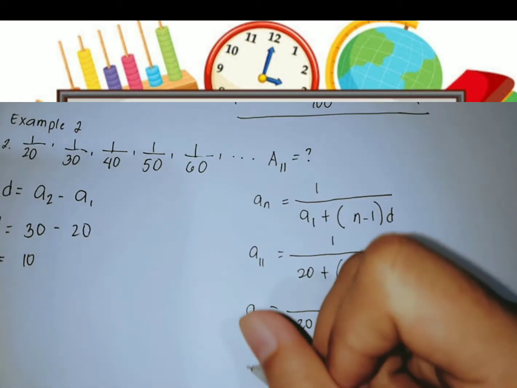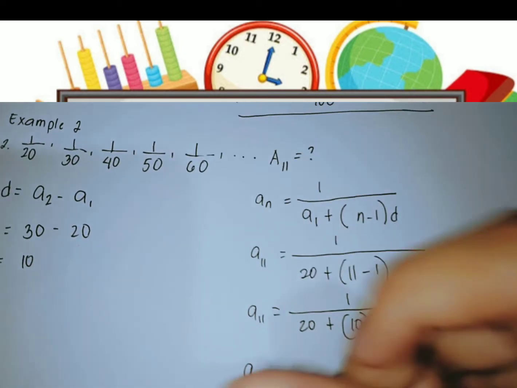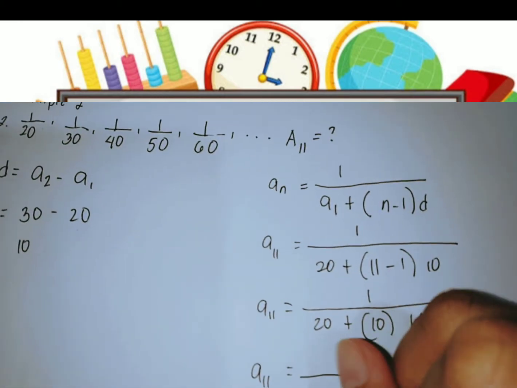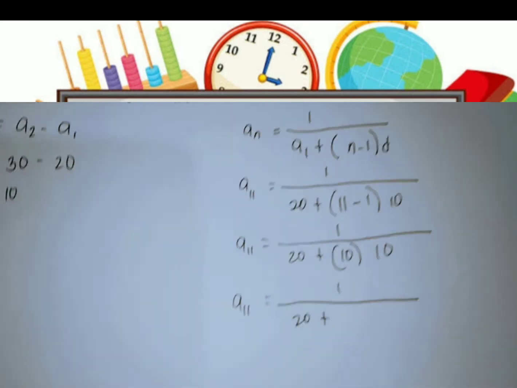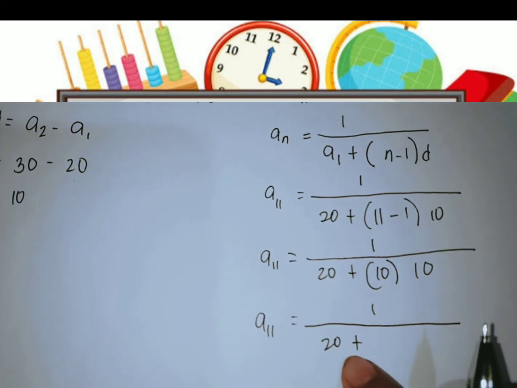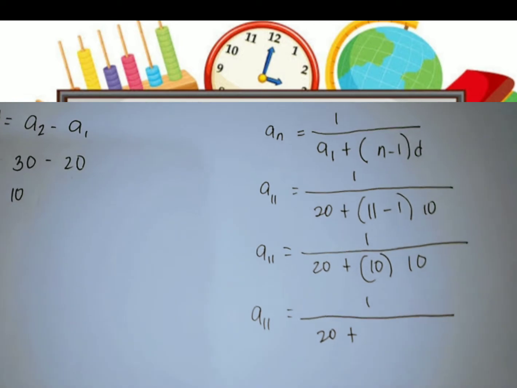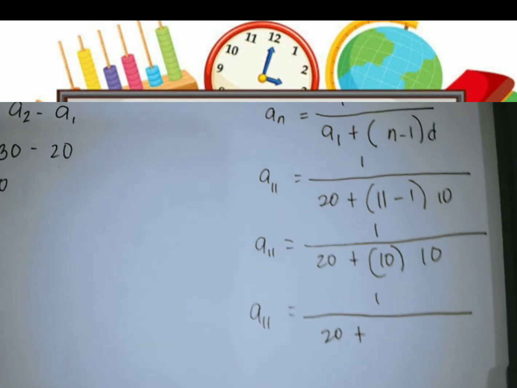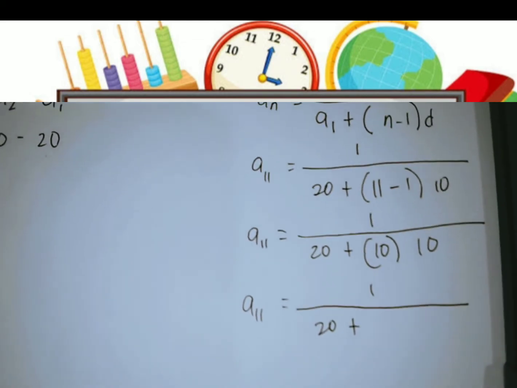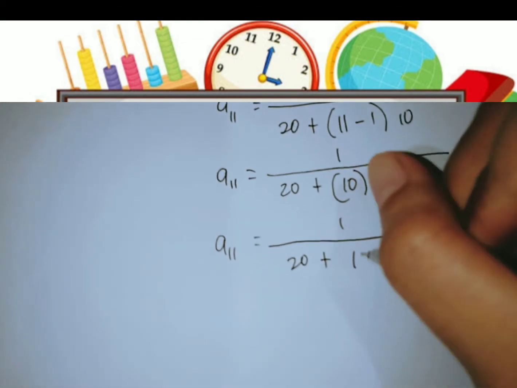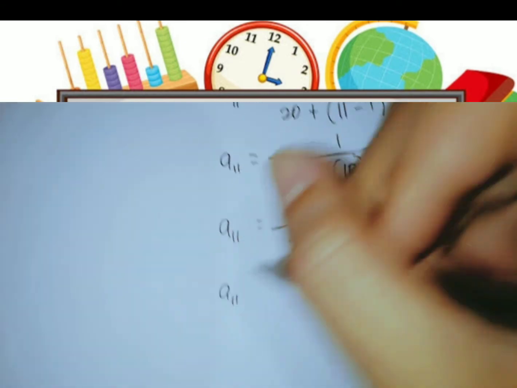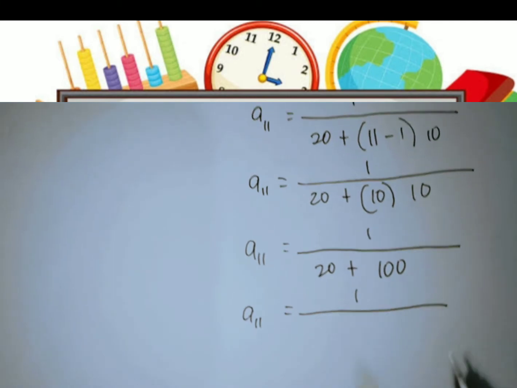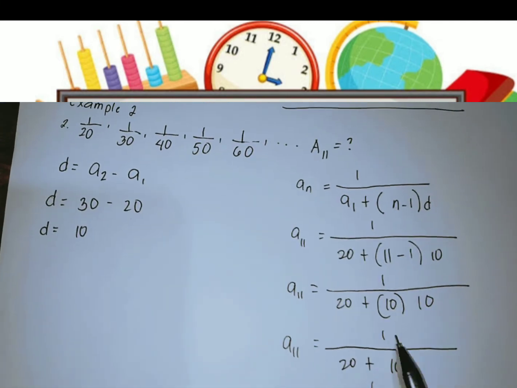So a sub 11 is equal to 1 again divided by 20, which we copy because that is the last to solve. We multiply first, before we add 20. 10 times 10 is equal to 100. We always copy the 1.